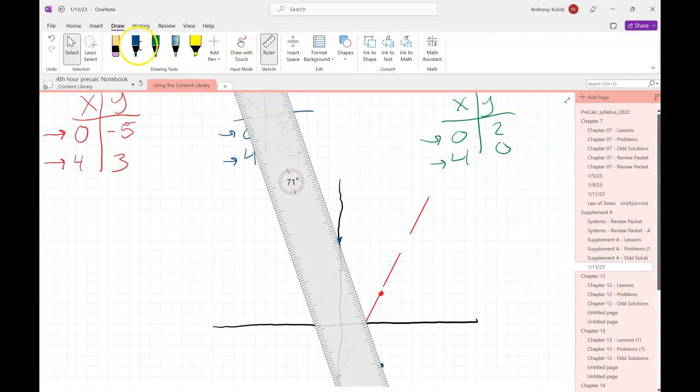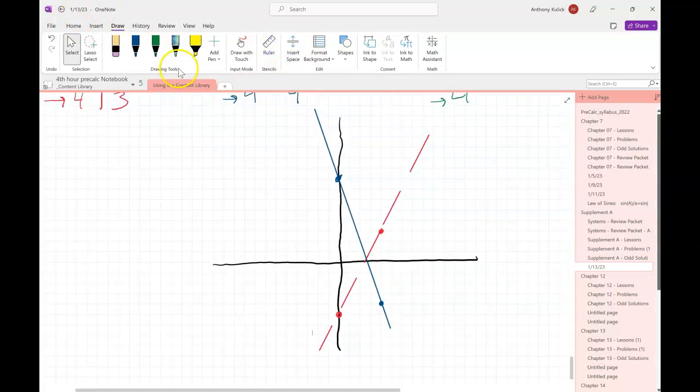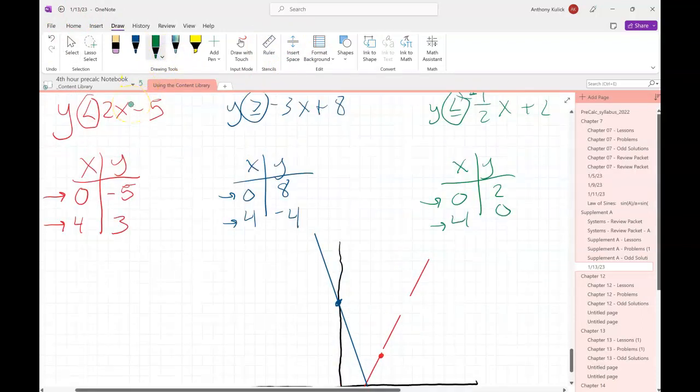That looks probably okay. Okay. Put our ruler back away.